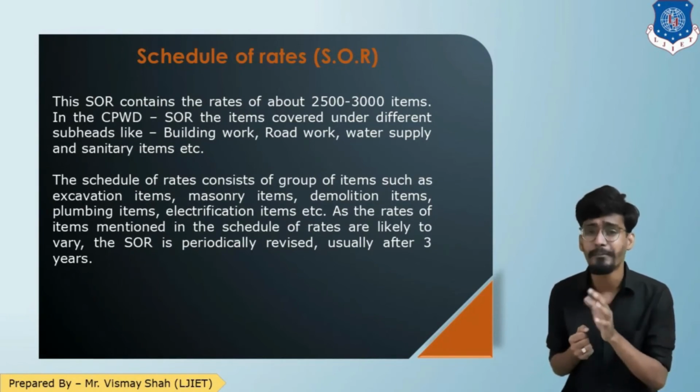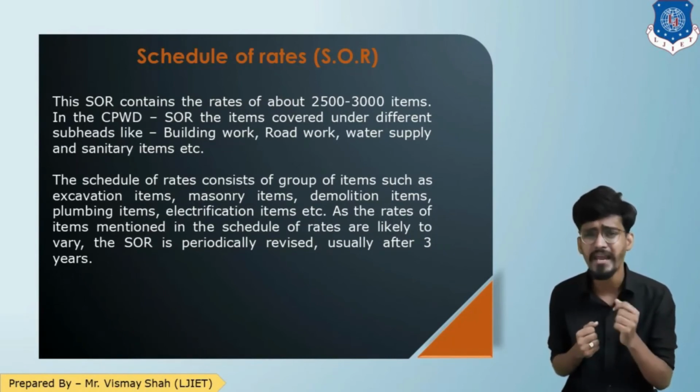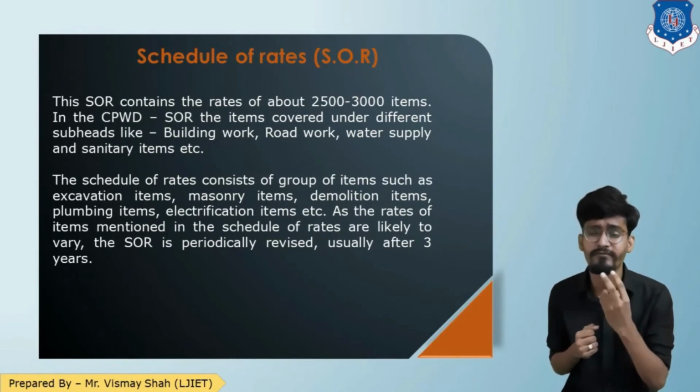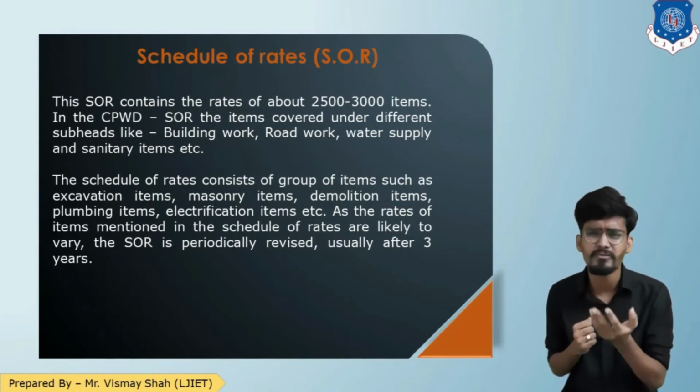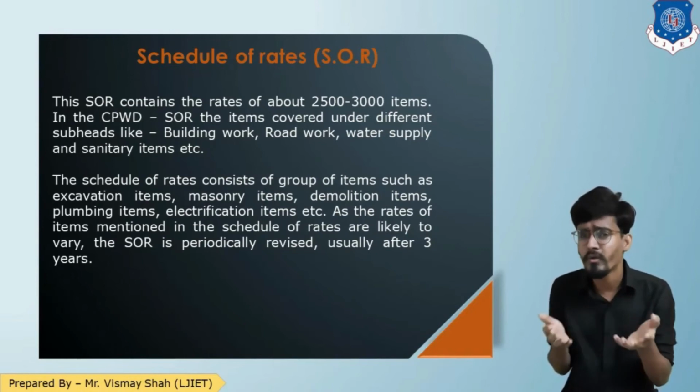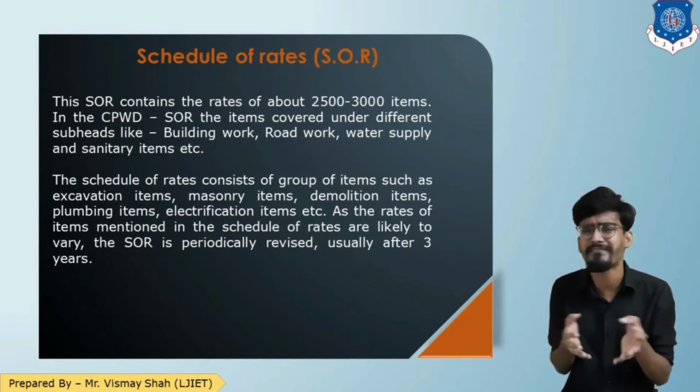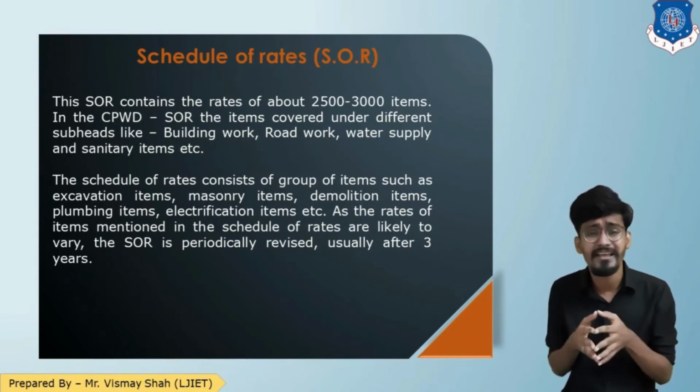That doesn't mean that you have to quote 85 to 90 rupees for the excavation. Why? Because as a contractor, if you are the owner of 5 JCBs, your excavation cost might be around 75 or 60 or 70 rupees. So you can quote the rate nearly around 60 or 70. In such cases, you don't have to follow the SOR.